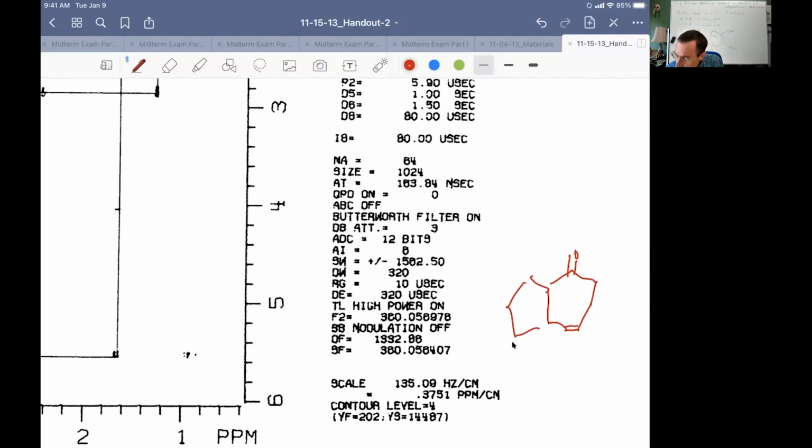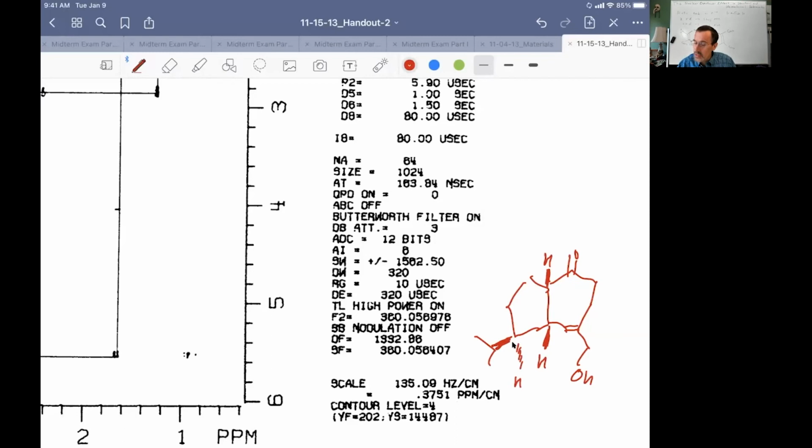The 7-membered ring has a double bond in it with an alcohol group, and the 5-membered ring has an isopropyl group on it. And the isopropyl group is cis to the ring fusion, which means this hydrogen next to the isopropyl group is down.